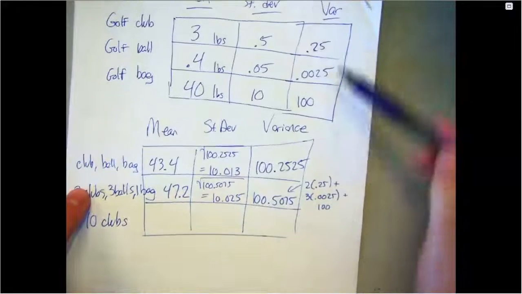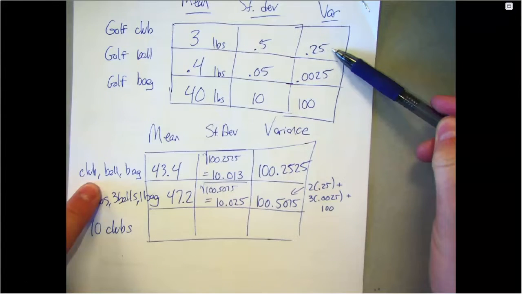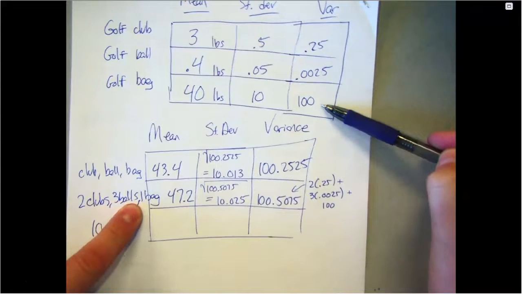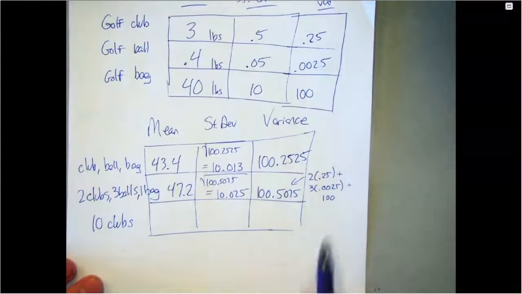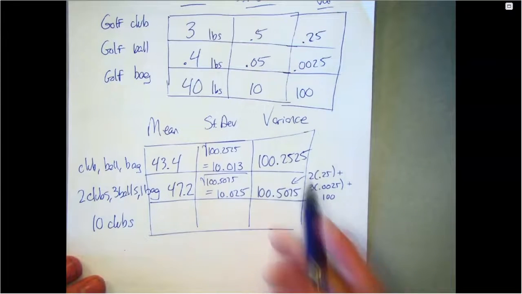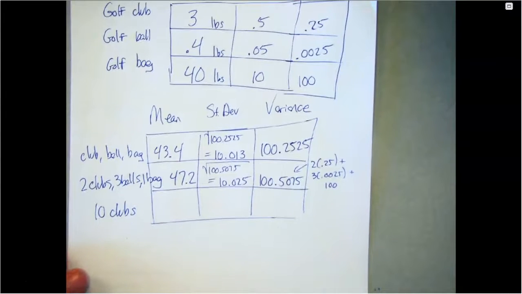Same thing here. So 2 clubs, I'm going to add up the variance for clubs twice. 3 balls, I'm going to add 3 of these. 1 bag, so I'm going to add 1 of those. Add all that up and gets me my variances. I'm allowed to add variances. And then I square root it to get to the standard deviation level.